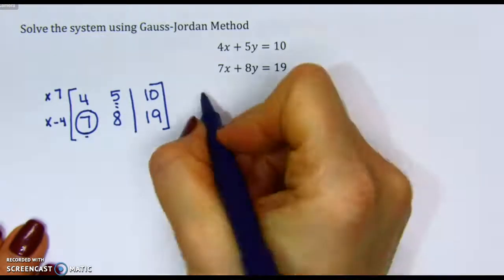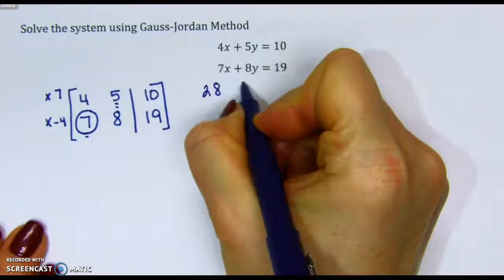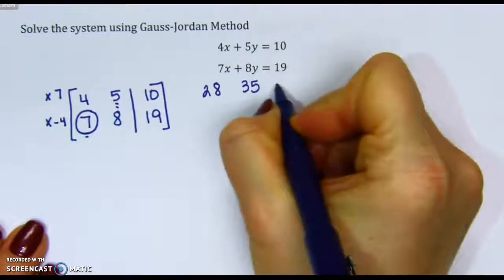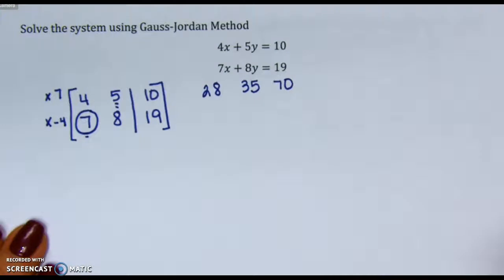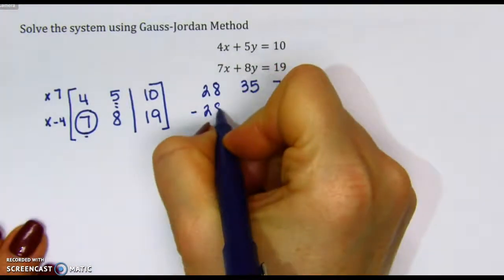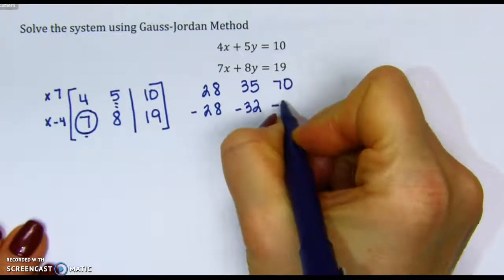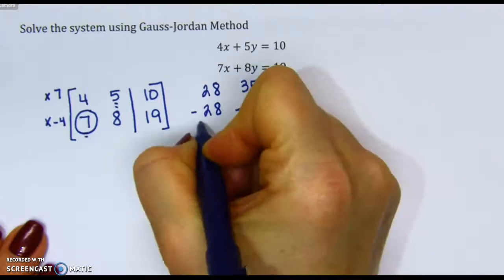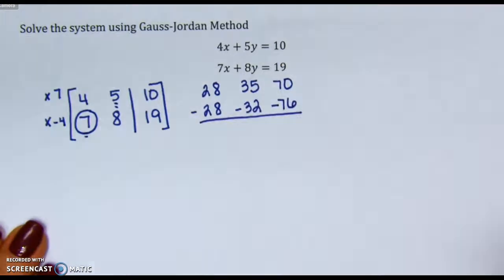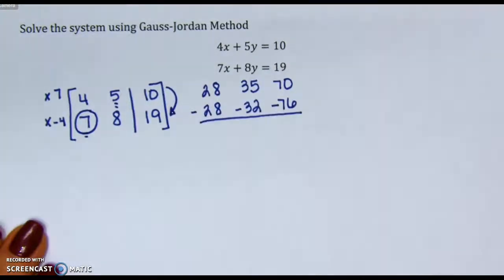So when I multiply my first row by 7, I end up with 28, 35, 70. I multiply my bottom row by -4, so -28, -32, -76. I'm going to add these down, because I'm going to replace my bottom row with that 0, because that 0 is going to be where I want it to be within my matrix.